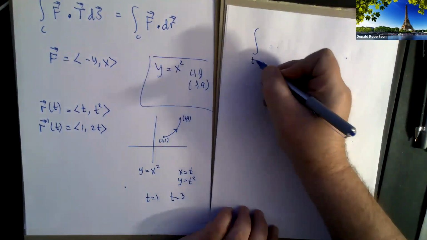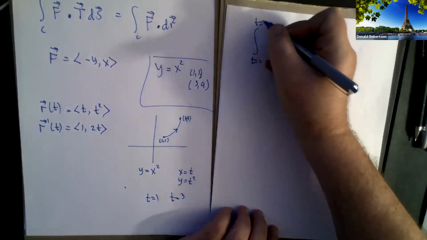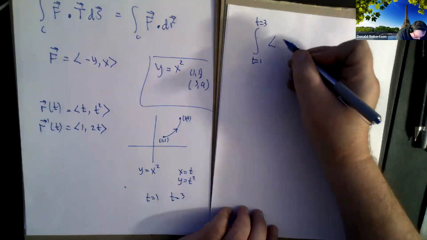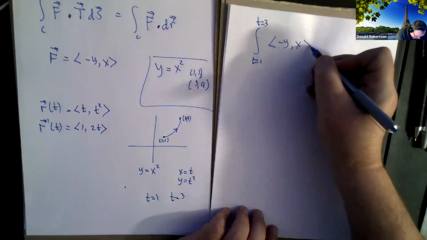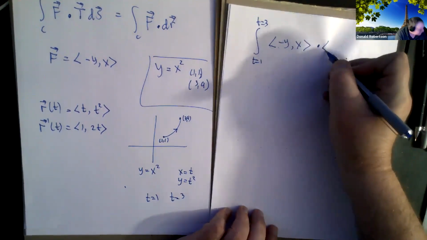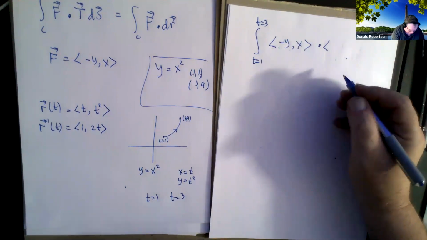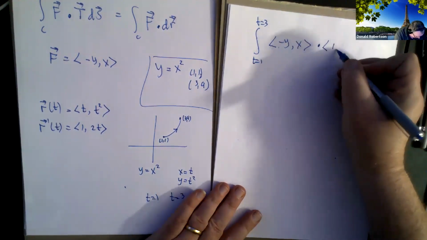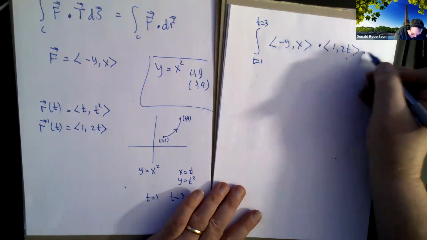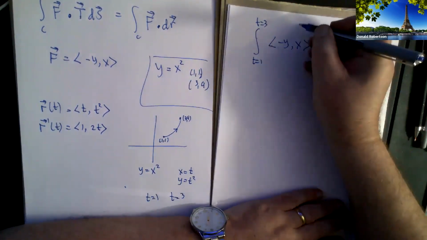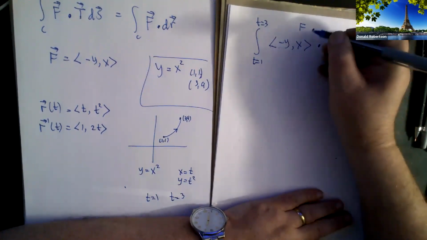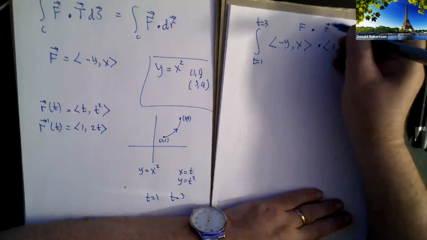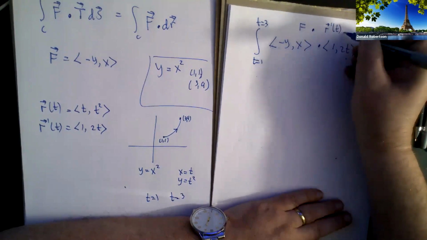So my t's are going to go from 1 to 3. The F is this one. The second is the r dash, which is this, dt. So I'm basically doing F dot product r dash t dt.